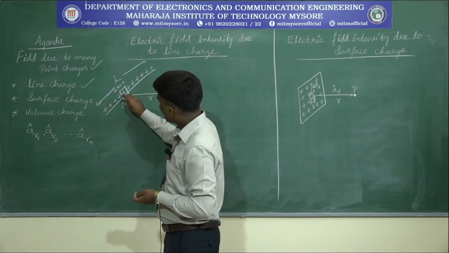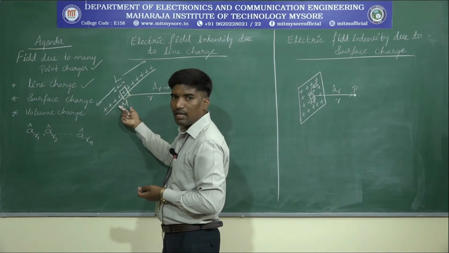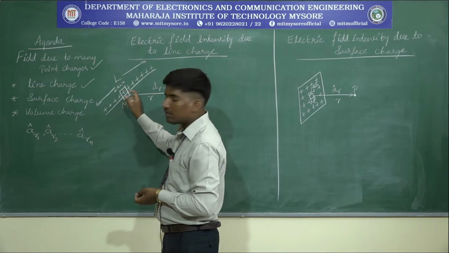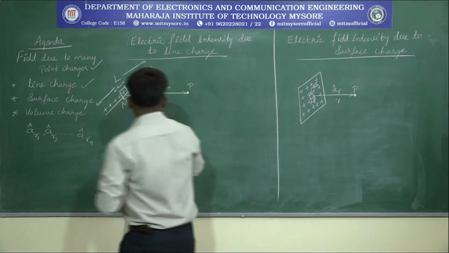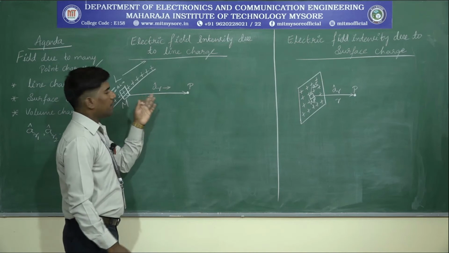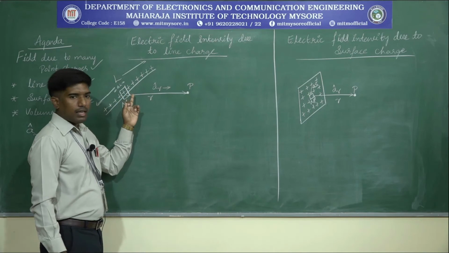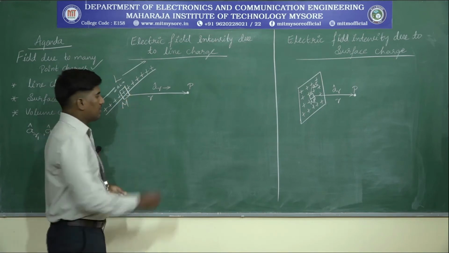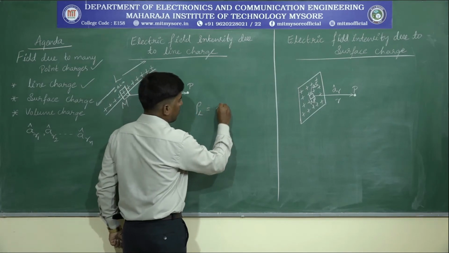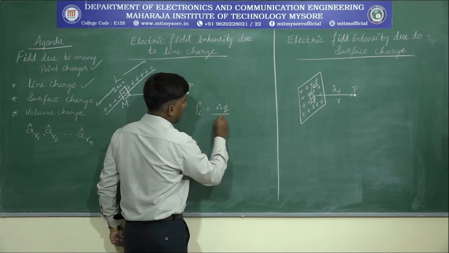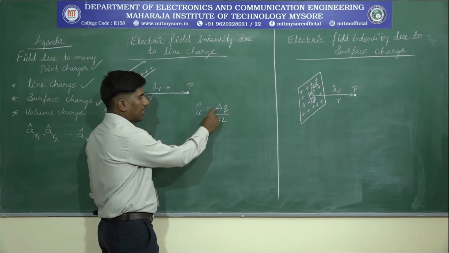Let us consider a differential length delta L, a small length delta L along this line L, which is represented by M. The field intensity at point P due to this line charge is calculated using the line charge density. That is, rho L due to line charge is equal to delta Q divided by delta L, the charge per unit length.